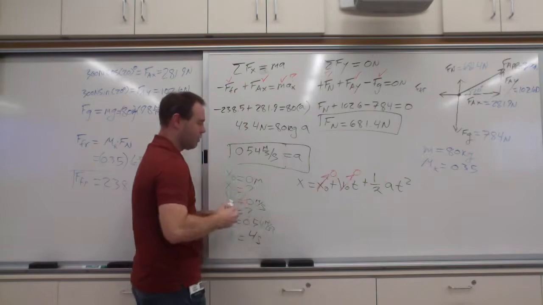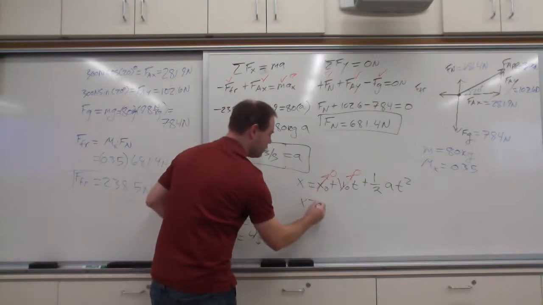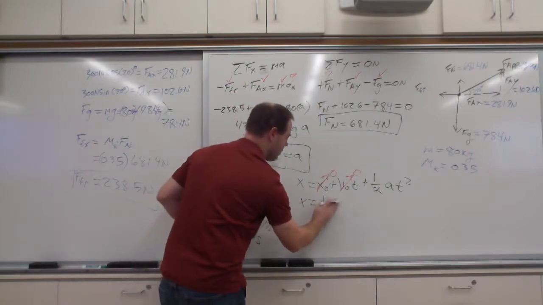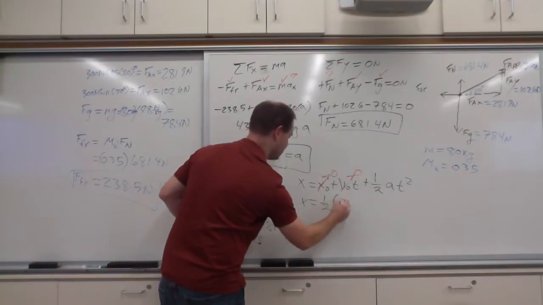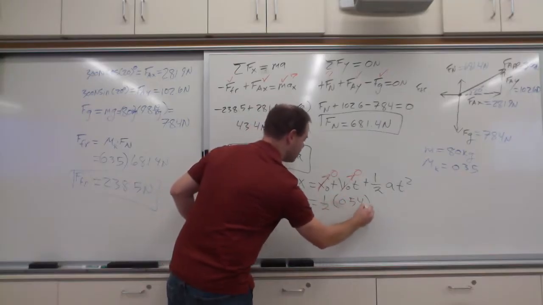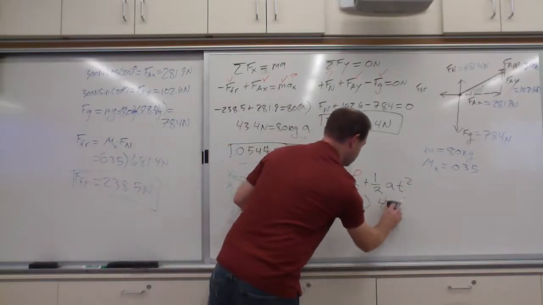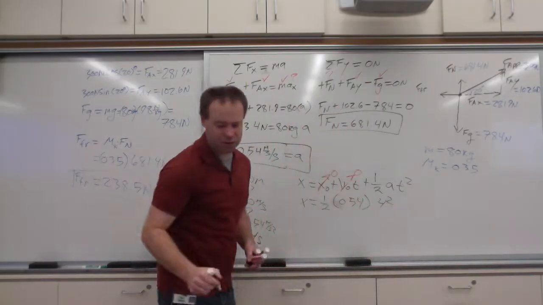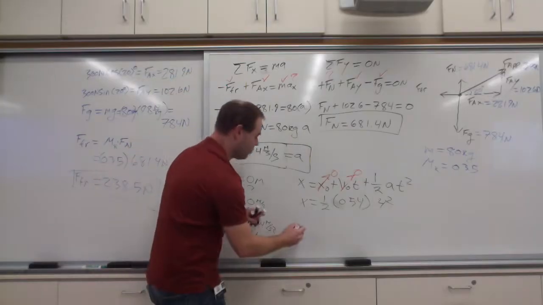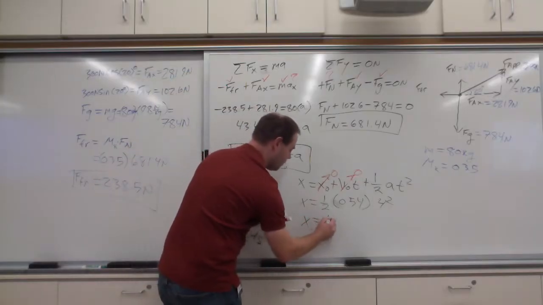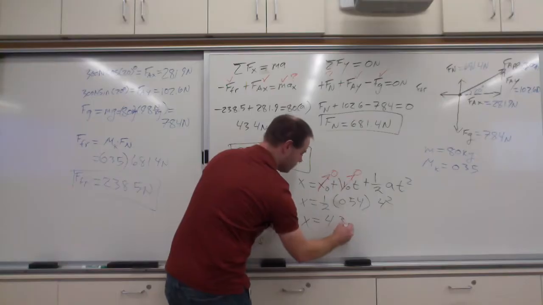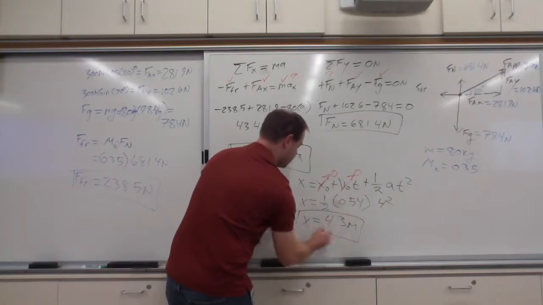So what we find is that the final position is equal to 1/2 times acceleration, which we know is 0.54, times the time, which is 4 seconds, squared. And if you multiply that all together, you're going to discover that I pulled my kids a distance, or displacement, of 4.3 meters.